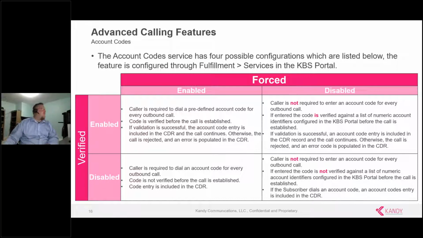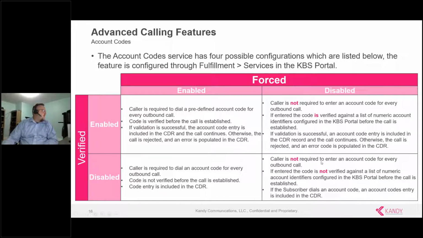If you have both forced enabled and verified enabled, you're talking about a very strict call center where they want every single telephone call tied to a particular account, and we only want you to be able to make calls on accounts that we have put into the system.